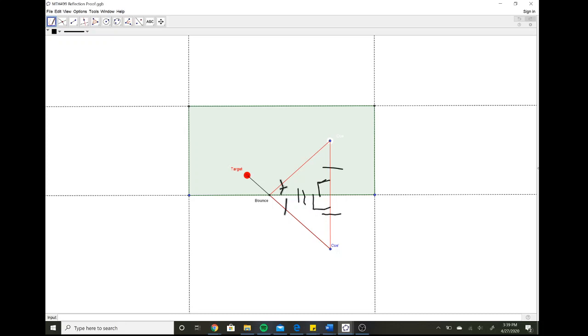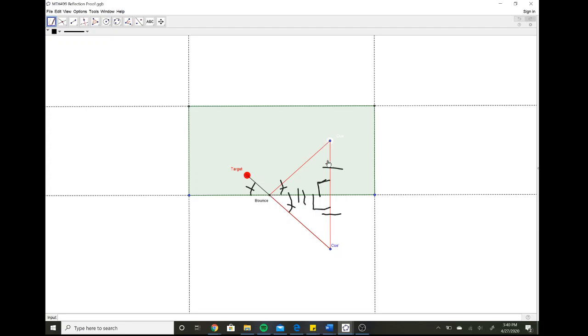My congruent marks aren't very good. There we go. So those two angles are congruent. We can take it a step further and say that this angle is congruent to this angle because they are vertical angles in the vertical angle theorem. So by the transitive property, this angle is congruent to this angle. Well, if you look, that angle is the angle of approach, and this angle is the angle of departure.